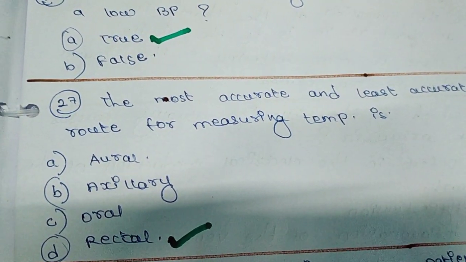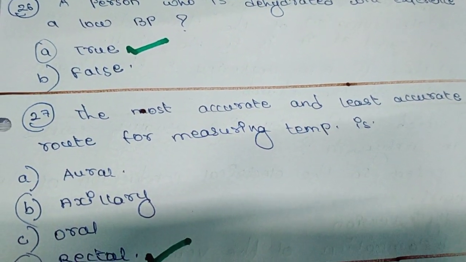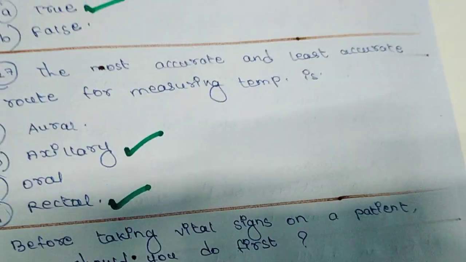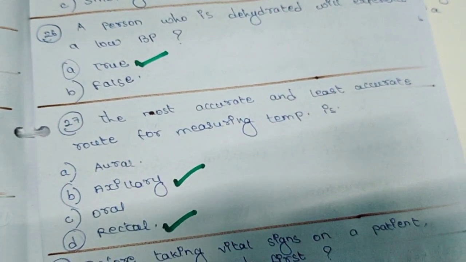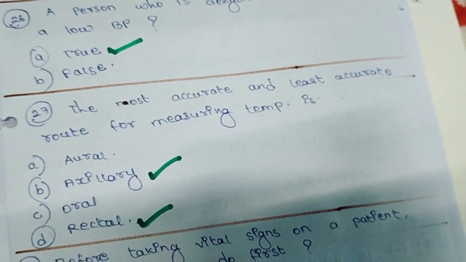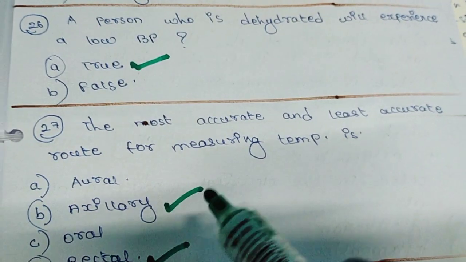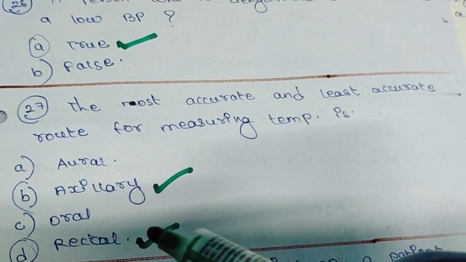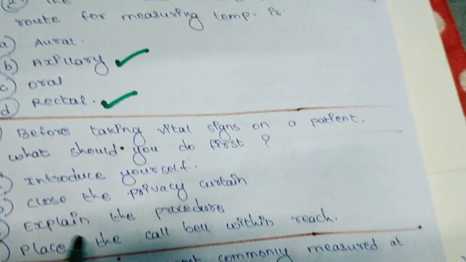There are multiple reasons. And the least accurate route is axillary, which is most commonly practiced because from the point of hygiene and infection, it is better compared to the other routes. That's why we add 1 degree to whatever recording we get. So the most accurate is rectal, the least accurate is axillary temperature.